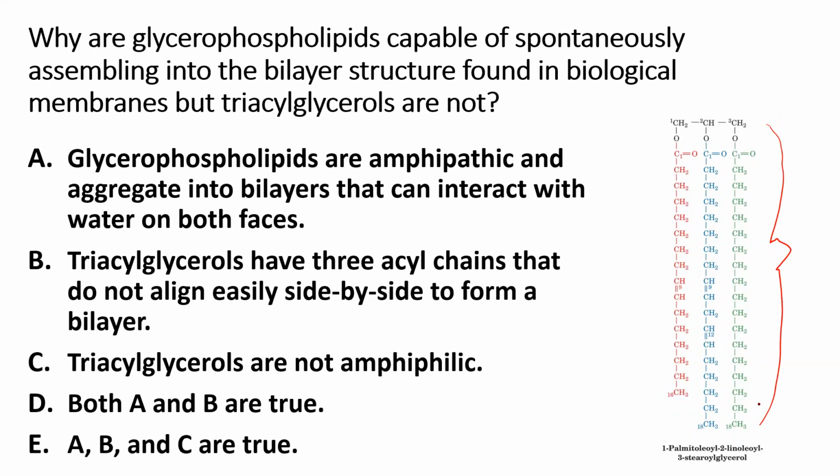B, triacylglycerols have 3 acyl chains that do not align easily side by side to form a bilayer? C, triacylglycerols are not amphiphilic? D, both A and B are true? Or E, A, B, and C are true? Pause the video now and return when you have given it a chance.